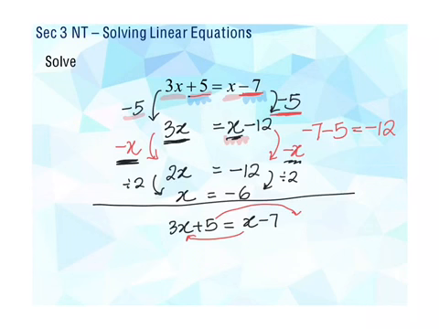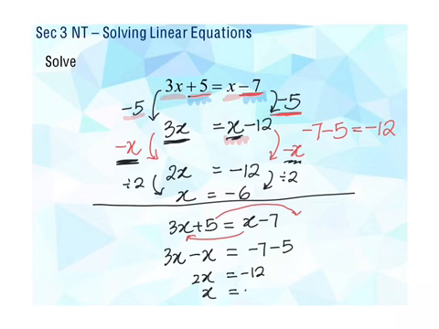So we will end up with 3x minus x, equals negative 7 on this side. I'm going to bring positive 5 over to the right hand side. Now this is addition, plus 5, so I'm going to do the reverse operation, minus 5. And we will be able to get 2x equals negative 12, x equals negative 6.